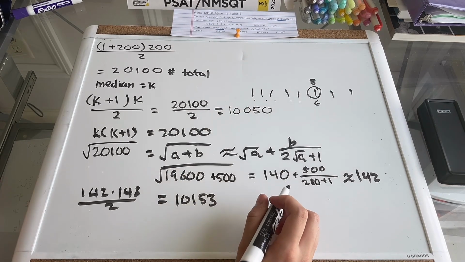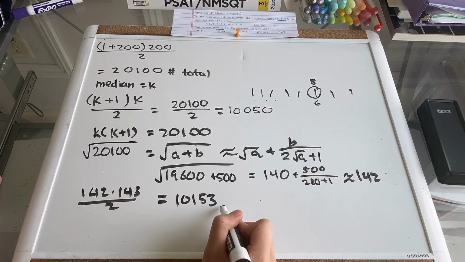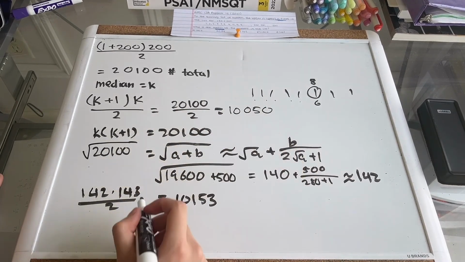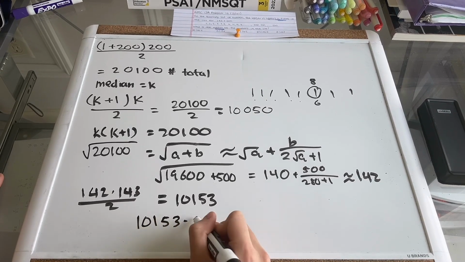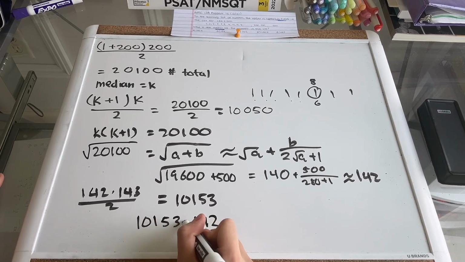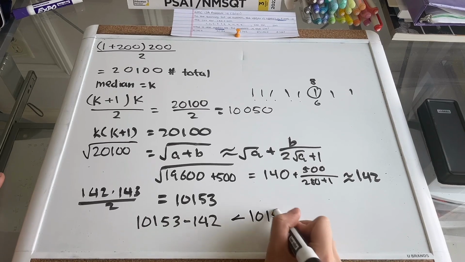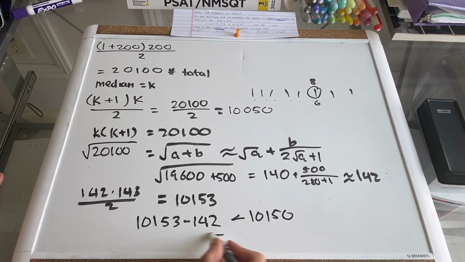When we do this, we can see that this number is greater than what the median placing is supposed to be. But if we subtract 142 from this number, it is actually smaller than 10050. So the median number is going to be 142.